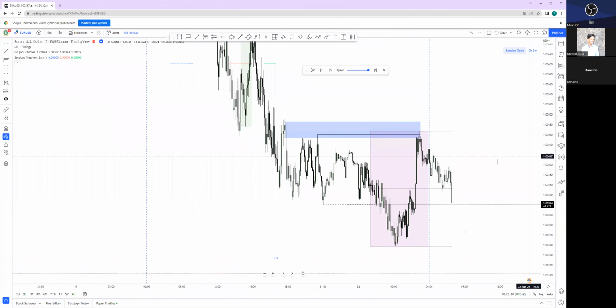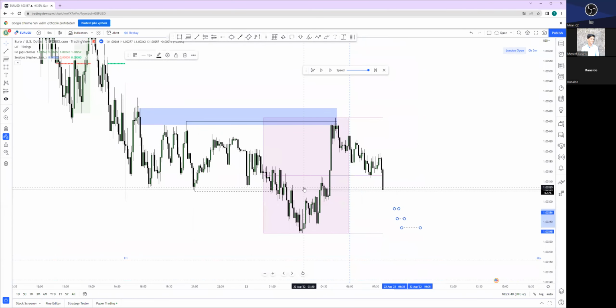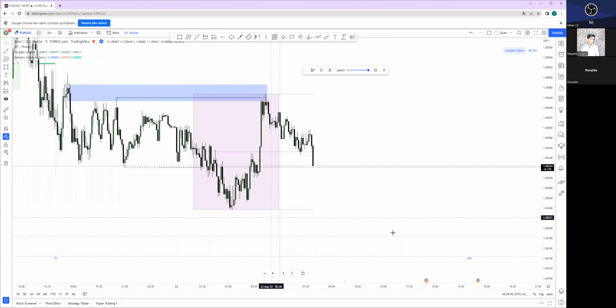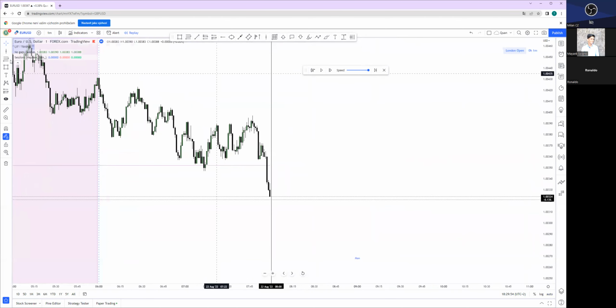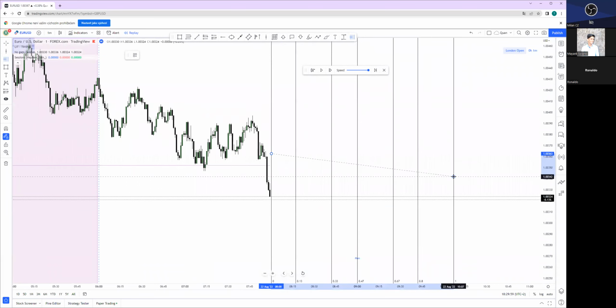So there. We'll wait for Frankfurt open and start trading from there. So let's see here. And so for the 90-minute cycle, it's really, really simple.